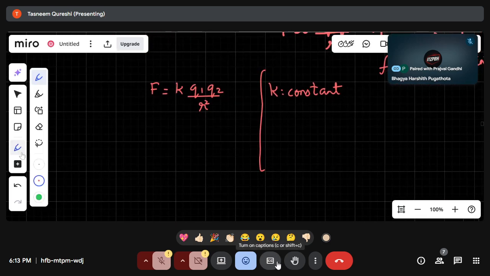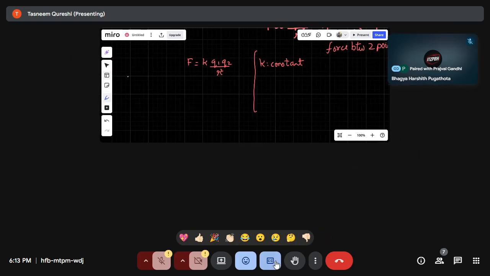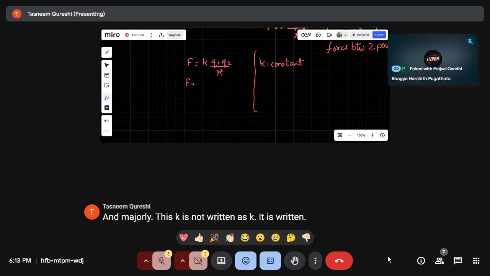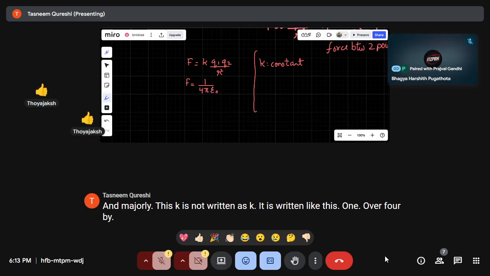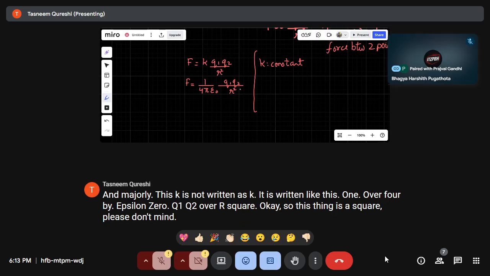Right now this k is your constant, and majorly this k is not written as k, it is written like this: 1 over 4 pi epsilon 0, times q1 q2 over r square. This thing is a square, please don't mind the writing.